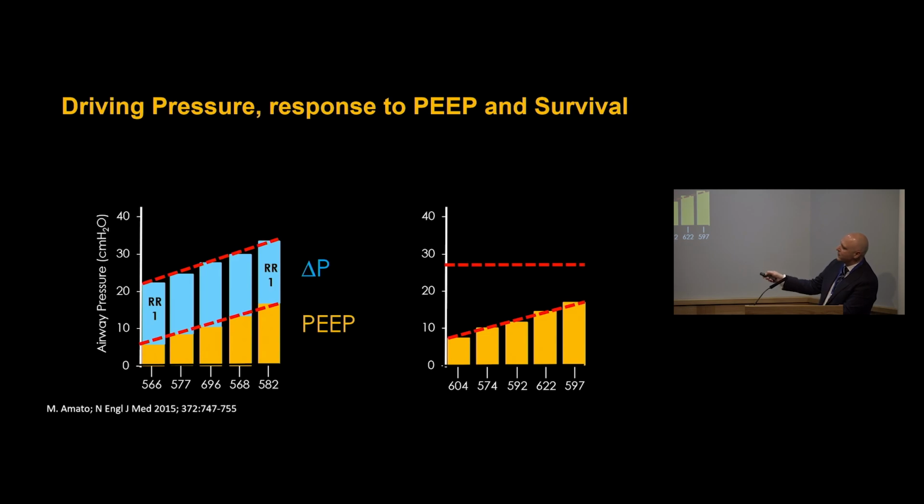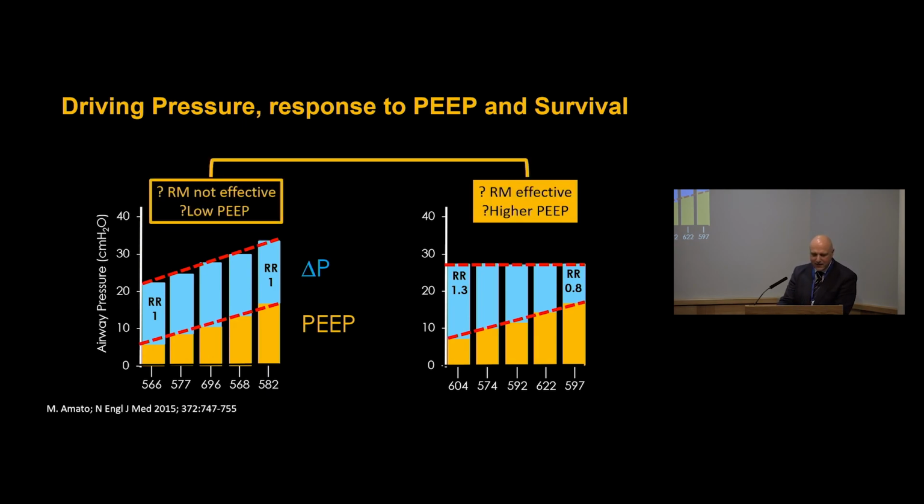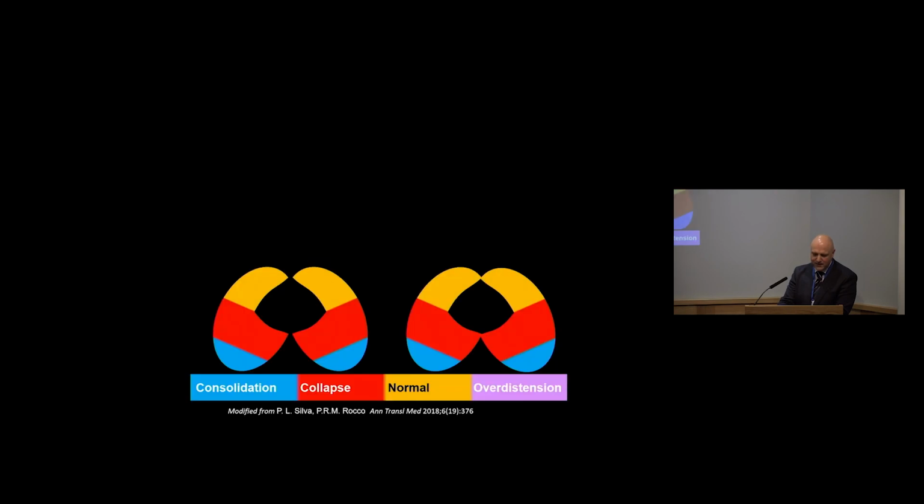If the driving pressure remains the same, you say actually PEEP doesn't help, whereas if the driving pressure goes down, then PEEP does help. This is a very initial thought, but we disagree with that. The theory is that you've got consolidation here, collapse here, and normal lung there.